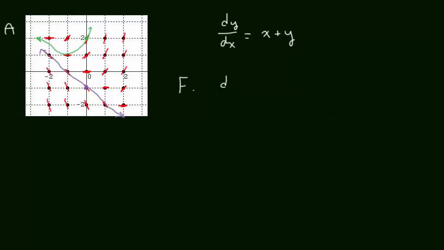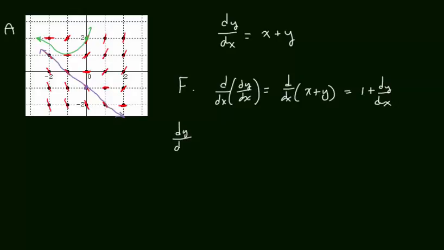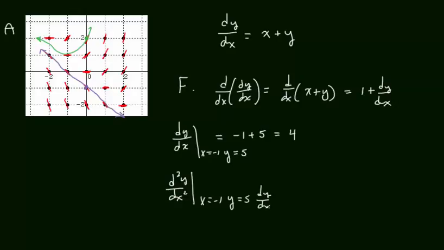Lastly, part f, the derivative of the derivative is going to equal the derivative of x plus y, which will equal 1 plus dy dx. The question calls for what's happening at the point -1, 5, so dy dx at the point x equals -1, y equals 5 is going to be -1 plus 5, which equals 4. d squared y dx squared at x equals -1, y equals 5, and dy dx equals 4 is going to result in 1 plus the 4, which equals 5.